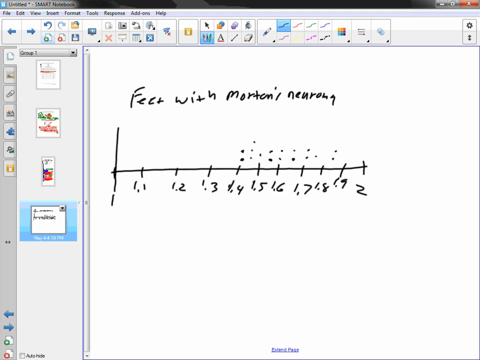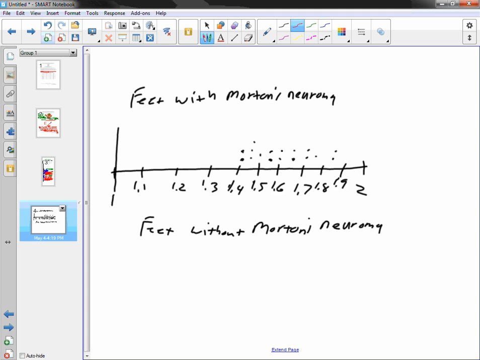Then it would be a good idea to go ahead and do the other one. So we'll do the feet without. I'll just do it on the bottom side of this same dot plot. By the way, we need to label this, okay?